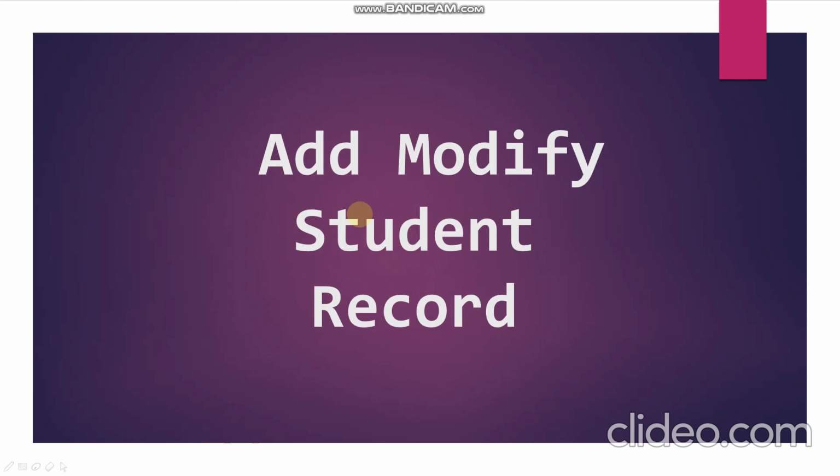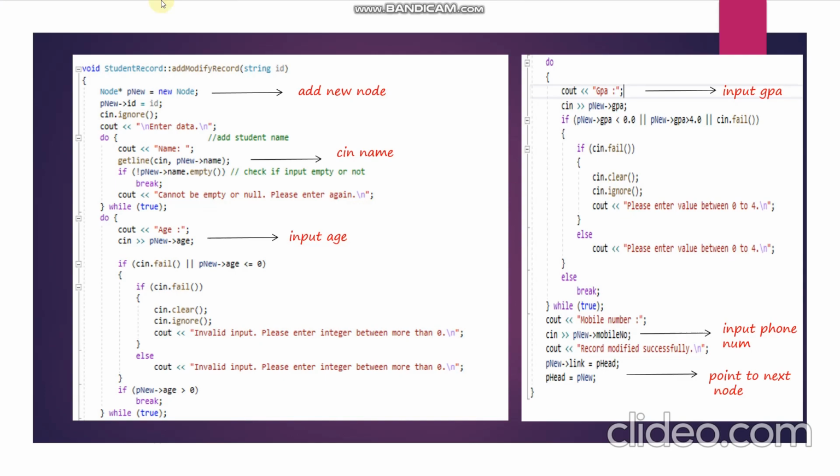Next is the modify student record method. In the modify record method, first we add a new node. The user is asked to enter the ID. The operation is basically the same as add record. The user needs to input the name by getline. If the name is empty, it will print out that it cannot be empty or null, please enter again.